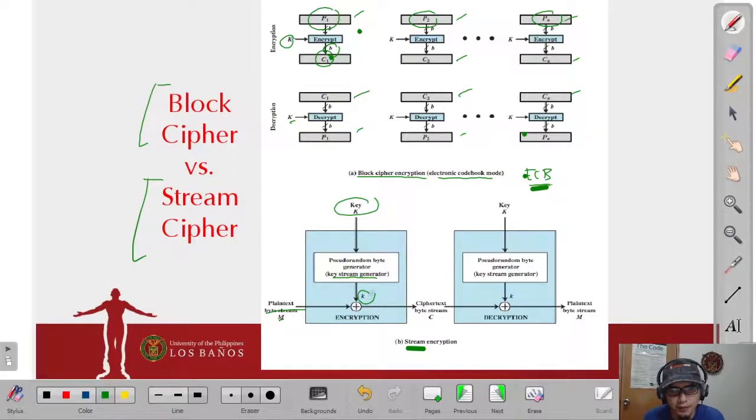It can be a bit or it can be a byte, and it is XORed with the bytes that are coming in for the encryption. So that's stream cipher.